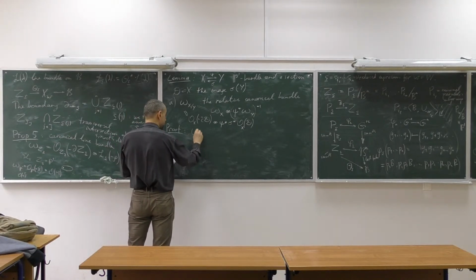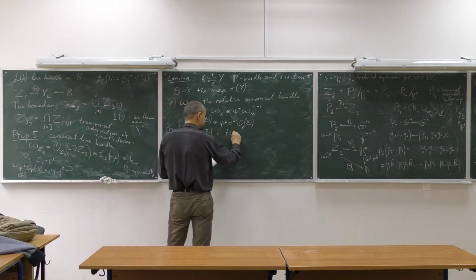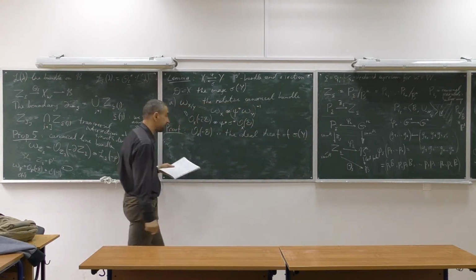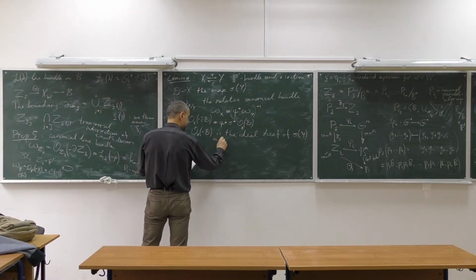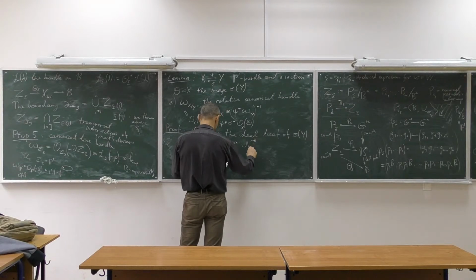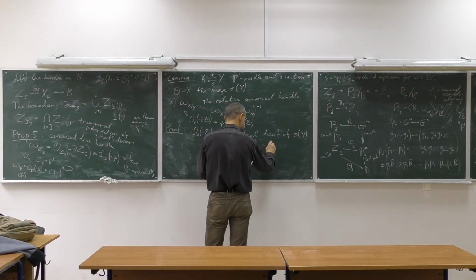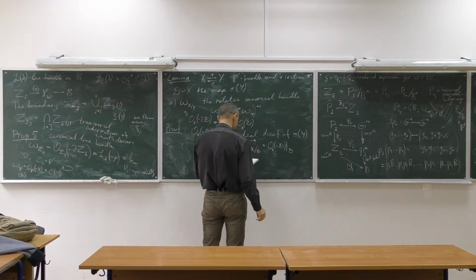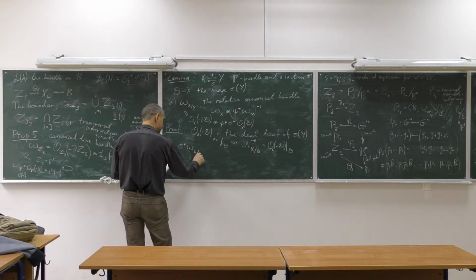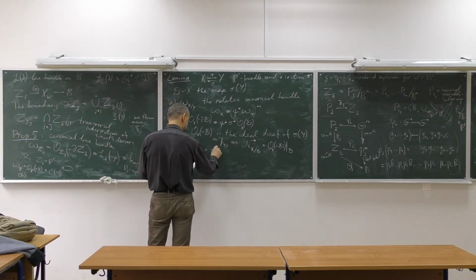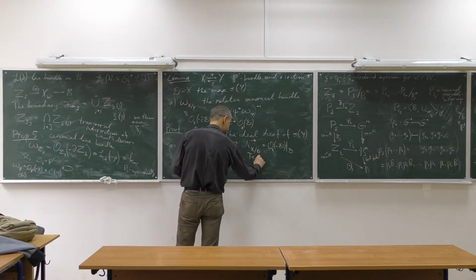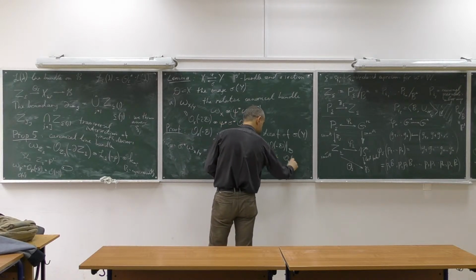So what do we know? We know that O_X of minus D is the ideal sheaf of this divisor, sigma of Y. Okay, but by the very definition, maybe let me call it the ideal sheaf of divisor D, and hence the conormal bundle to this divisor is O_X of negative D restricted to D, and hence the pullback with respect to the section of the relative canonical bundle is the pullback of O_X of negative D. And now it remains to just tensor with O_X of 2D.